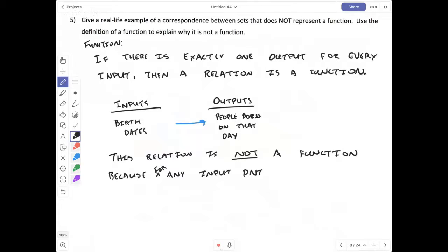Any input, oh, that was an ugly A. For any input date, there is more than one person born on that day.